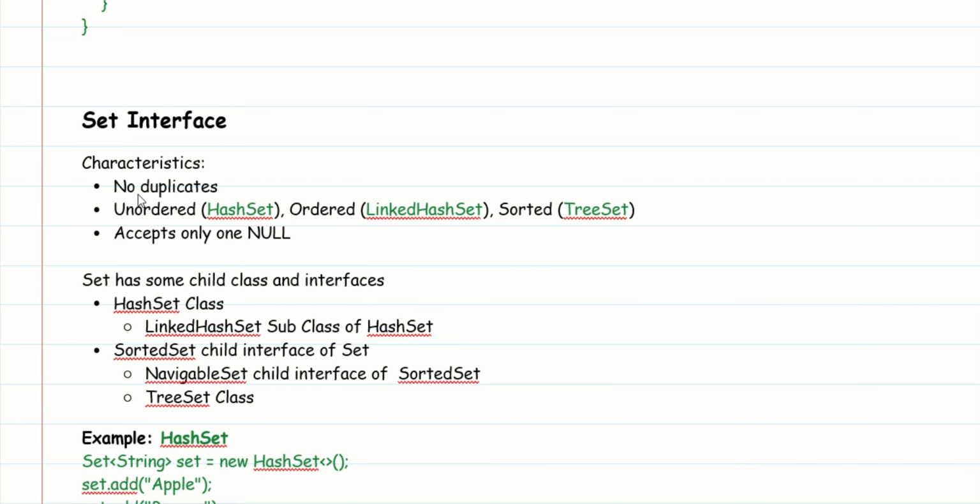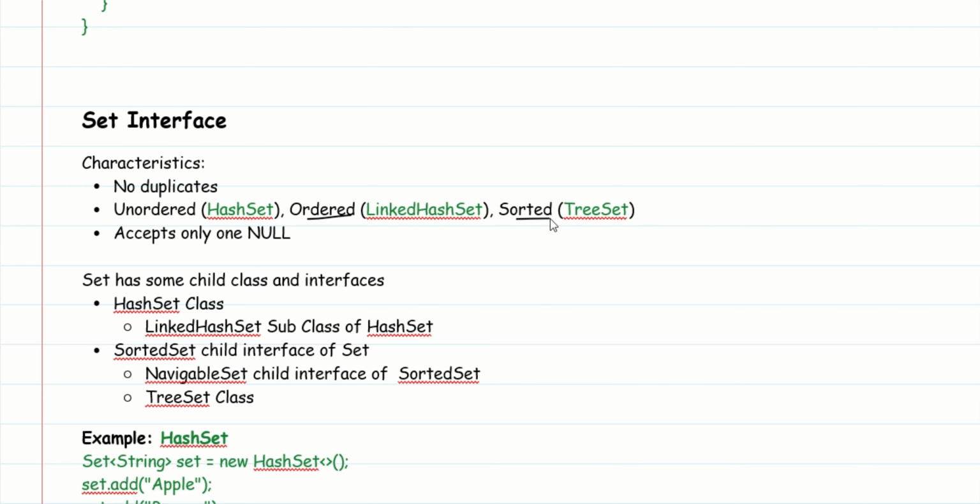So the features for set interfaces: there is no duplication allowed here, and it is unordered. ArrayList is ordered, and LinkedHashSet is ordered here, and TreeSet is sorted. If you want to sort all the items, either numbers or characters, you can use a TreeSet.